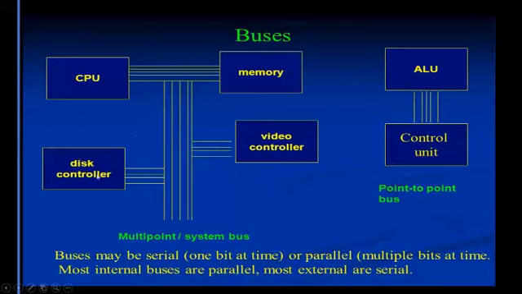Remember that within the computer there are several components, hundreds of them, but they need to communicate. So these buses are here for that very purpose, to provide the channel which can be used to transmit data items from one device to another.